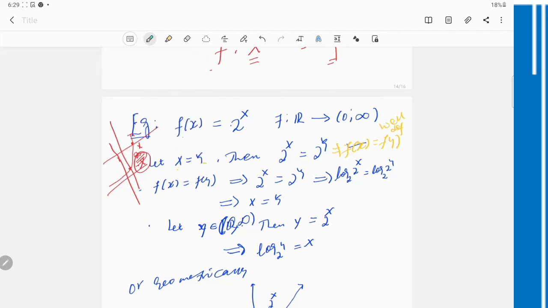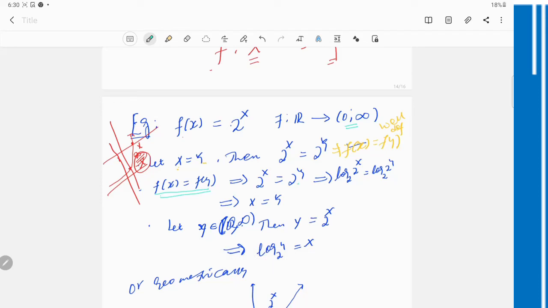So if the function is well-defined, the next step is to check one-to-oneness. You start by taking f of x equals f of y, which means 2 to the x equals 2 to the y.